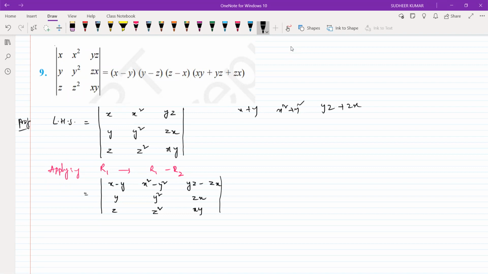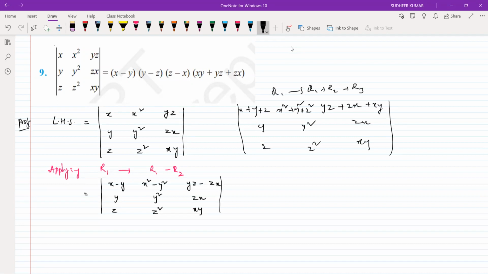Suppose we change R1 as R1 plus R2 plus R3, then we'll get x plus y plus z, x square plus y square plus z square, yz plus zx plus xy. But the remaining rows remain the same: y, y square, zx; z, z square, xy.